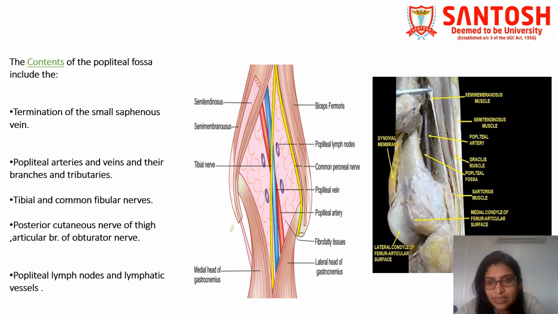These are the small saphenous vein terminates here, the popliteal arteries and veins with their branches and tributaries, the tibial and the common fibular nerves, posterior cutaneous nerve of thigh, articular branch of obturator nerve, and some popliteal lymph nodes and lymphatic vessels. So there is another diagram showing you the same. You can see the popliteal fossa, and here is popliteal artery, which is well visualized in this diagram.